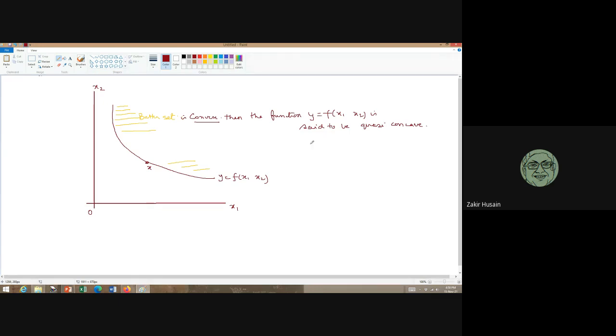If the better set is strictly convex, then the function is said to be strictly quasi-concave.